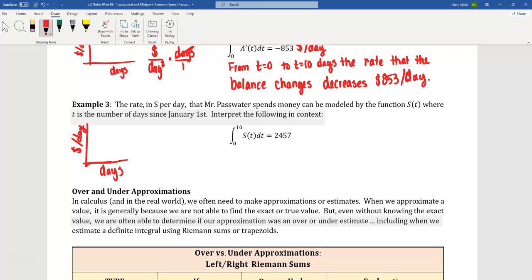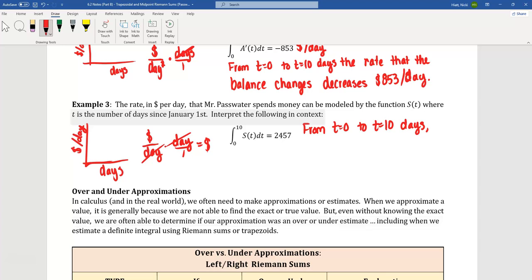If we multiply those together, we have dollars per day times days, and the days cancel, and I just get dollars, right? So now I can say from t equals 0 to t equals 10 days, we're just talking about dollars.